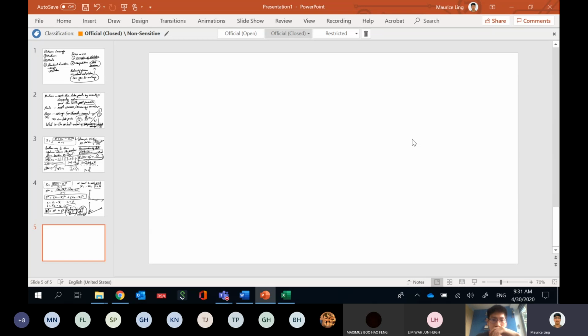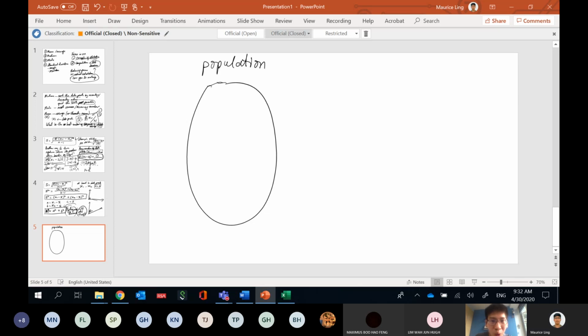Why do we study a population? Why can we not study the population most of the time? It's because a population has an extremely large size. If we wanted to study the population as an entire whole, it could be very difficult to obtain accurate results. It will be very hard because a population can be infinite.